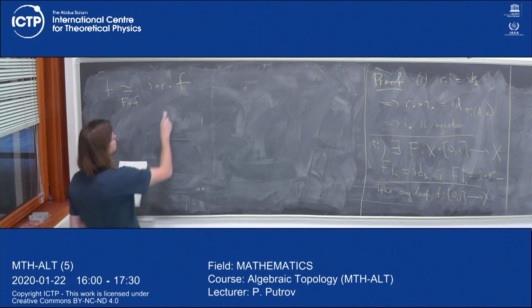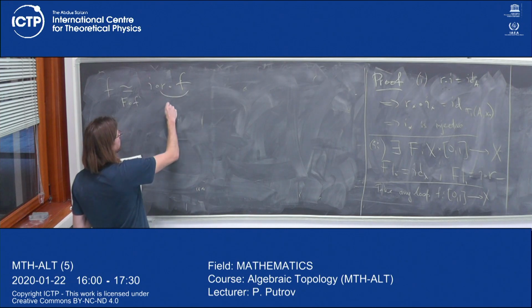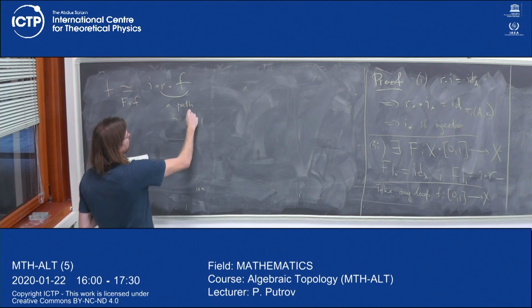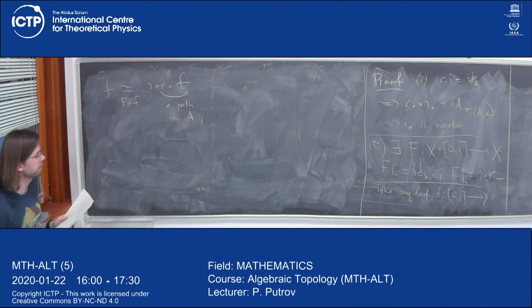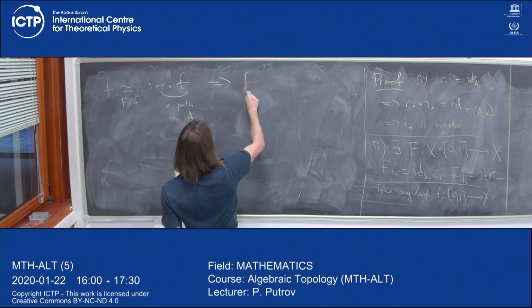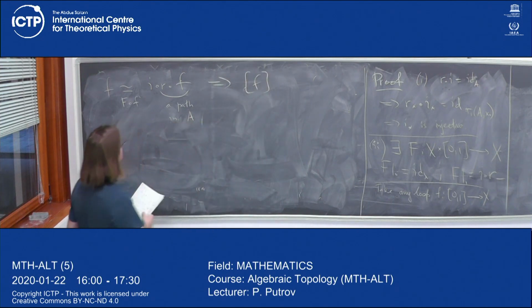And so I can understand this composition as a path in A, and it follows by definition of the push-forward map.